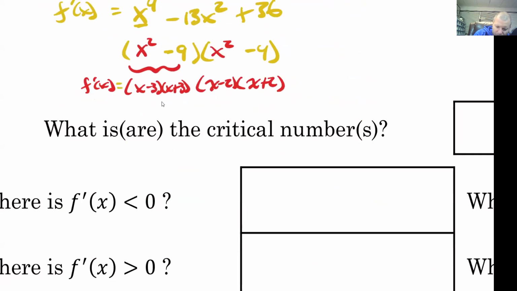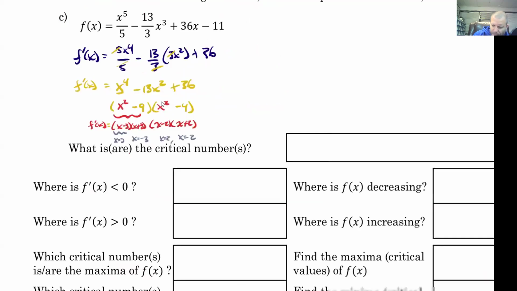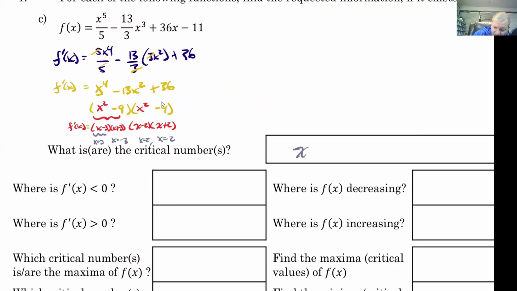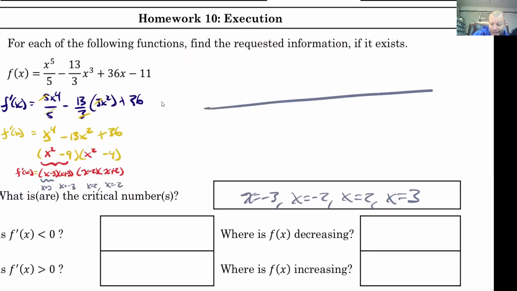So our critical numbers are just going to be x equals, right? Everything with an x gets a chance to be 0. So x is 3, x is negative 3, x is 2, x is negative 2. All right, so we're going to get x equals negative 3, x equals negative 2, x equals 2, x equals 3. Now, again, if you know what these functions look like, it's going to be really easy to see where we're increasing or decreasing.